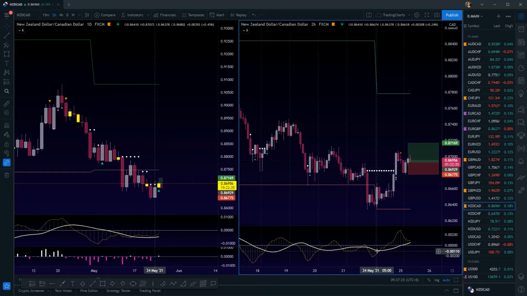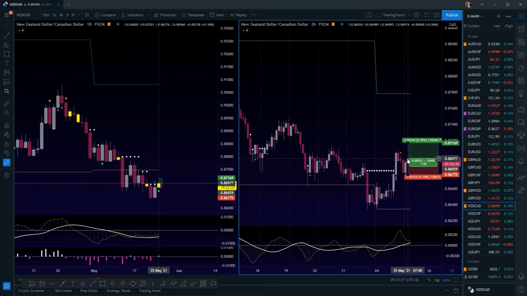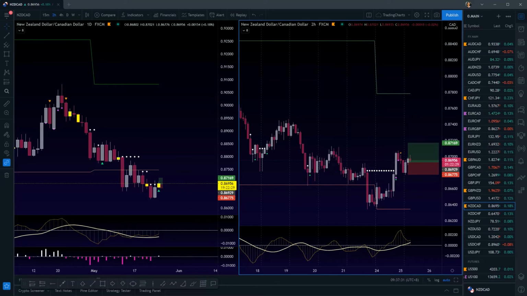So this might be ready for a trade actually. The trade's already triggered. So maybe let's just put a small position in, just as a warm up. Okay.